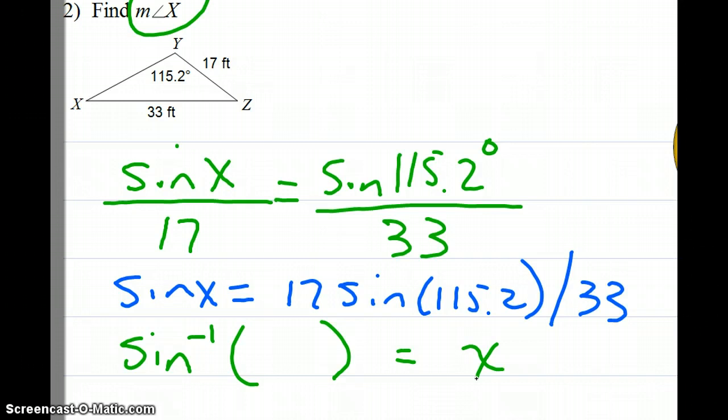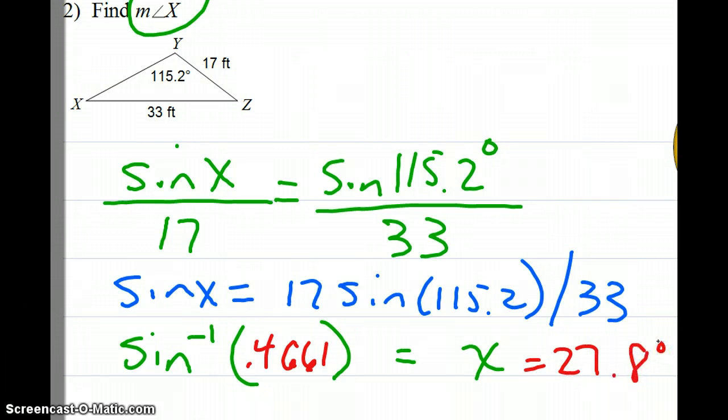So 17 times the sine of 115.2, divided by 33, is going to equal 0.466. When we take the sine inverse of that, the angle should be 27.8 degrees.